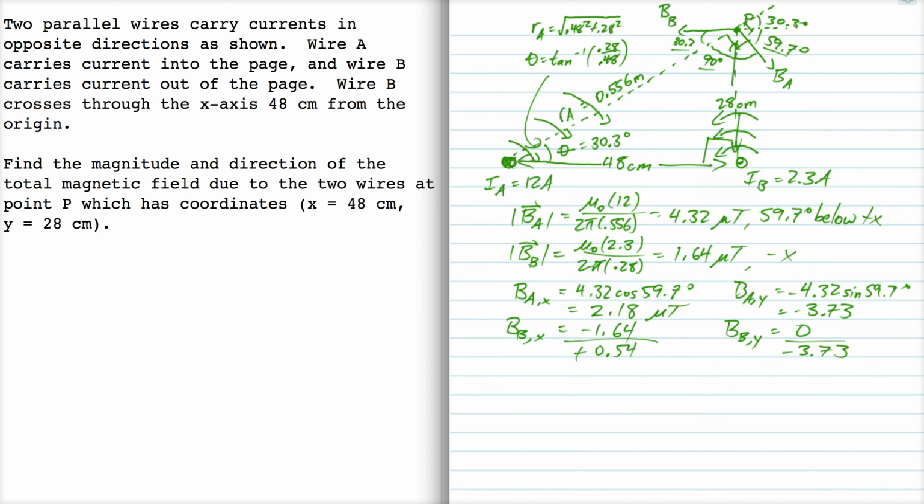Alright, so if I draw myself a little Cartesian coordinate system, I got to go 0.54 to the right, and I got to go 3.73 down to get my final vector. That's my total magnetic field. Okay? And the magnitude of that total magnetic field I get from the Pythagorean theorem.